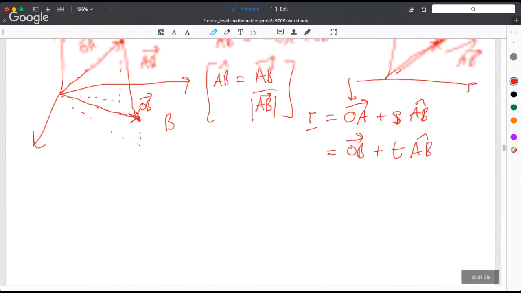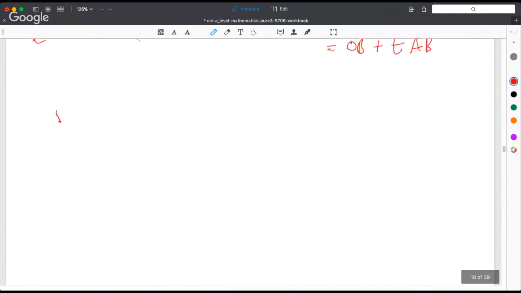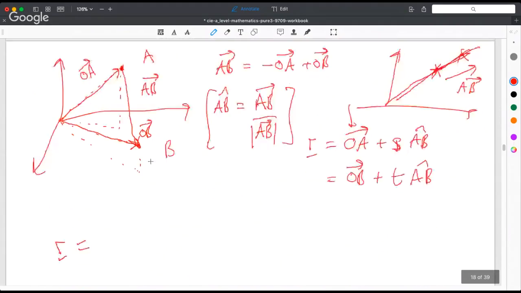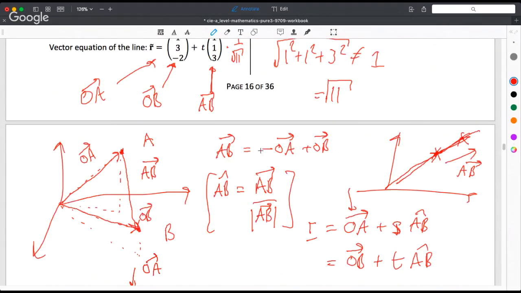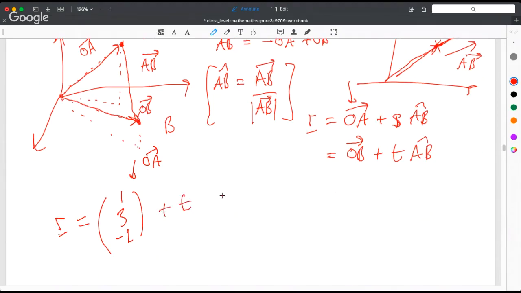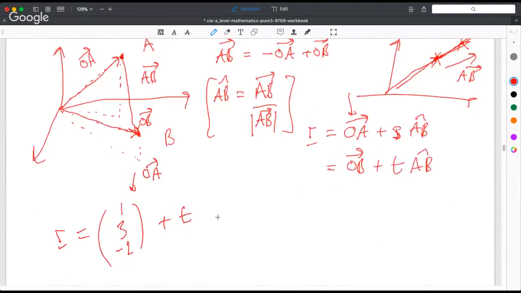Yeah, so here, what they've said is, so you have your equation. Let me rewrite this. Your equation equals something that gets you on the line, this is like your OA, and then something that moves you along the line, which is your t times (1, 1, 3).